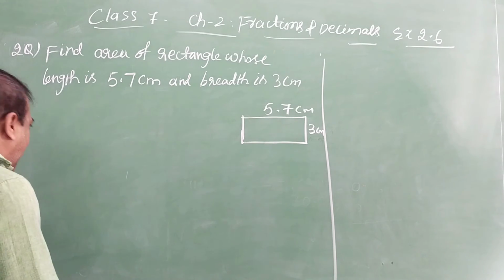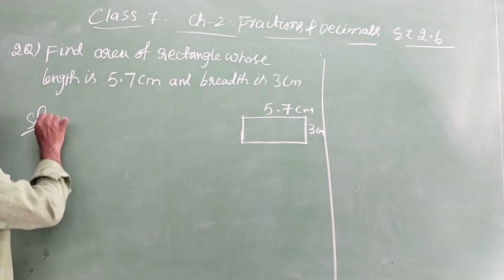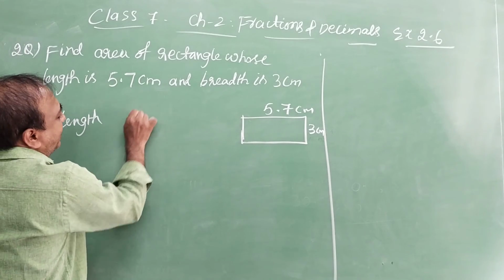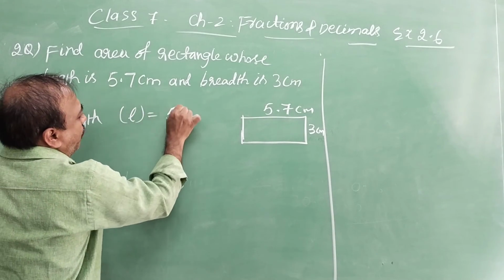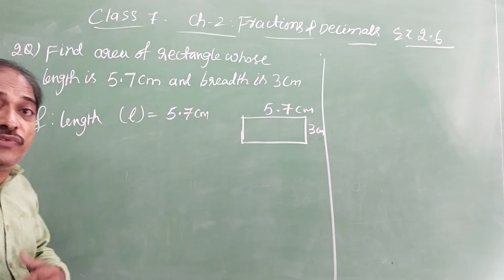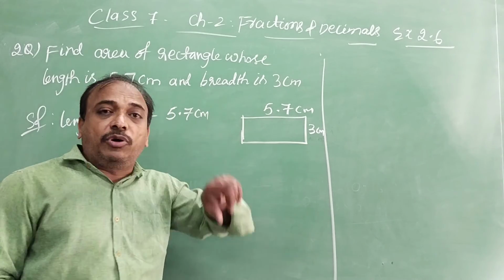So length of the rectangle, L is equal to 5.7 centimeter. As I am mentioning only length, for which figure are we discussing? We are discussing the rectangle.